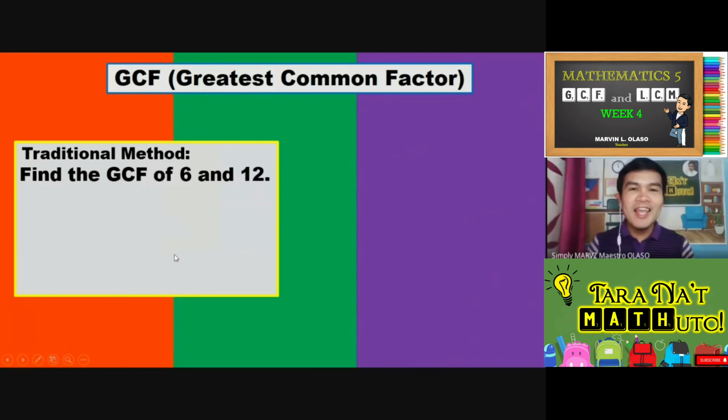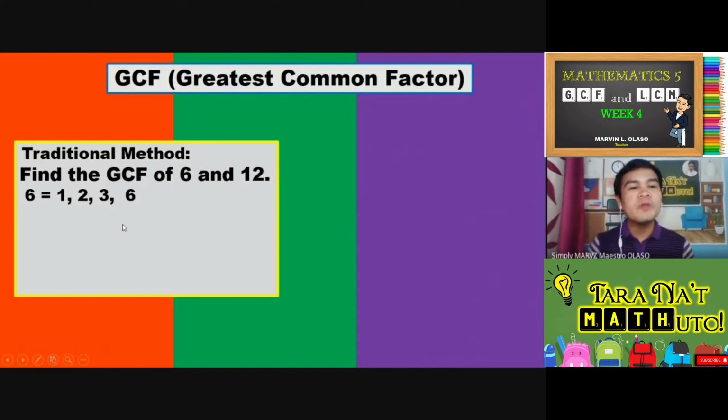So, gamitin natin ang listing method o traditional method. So, all you have to do is, step 1, you have to list down all the factors of 6. So, ito na, nasagot na natin kanina. The factors of 6 are 1 times 6, 2 times 3, kaya 1, 2, 3, and 6.